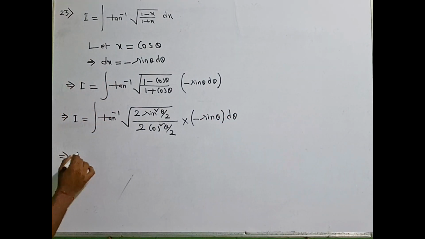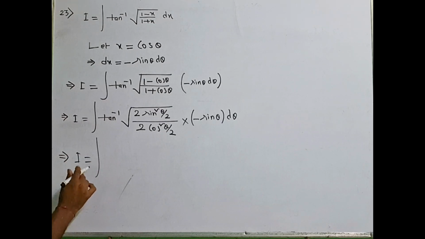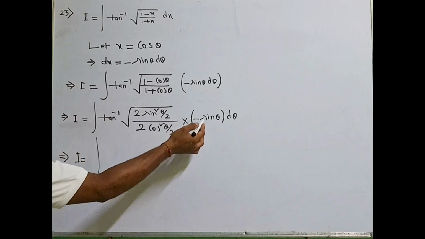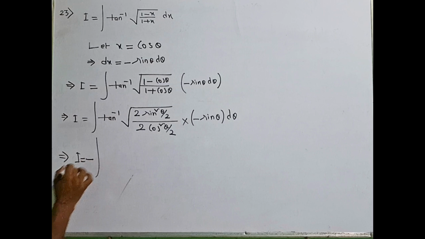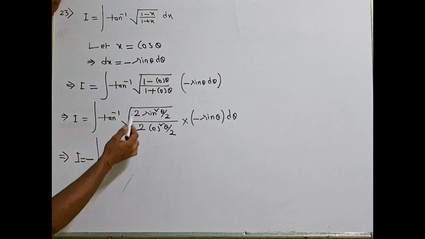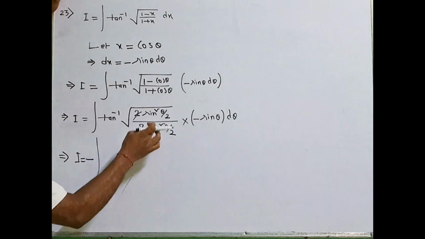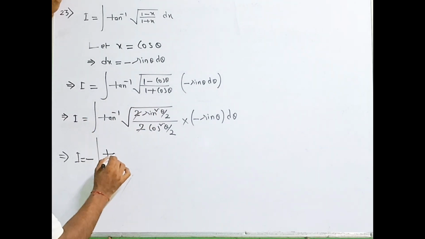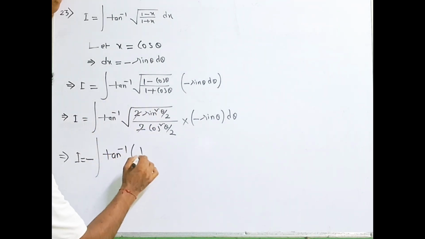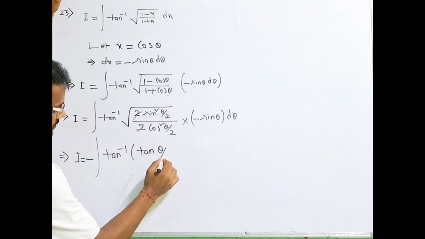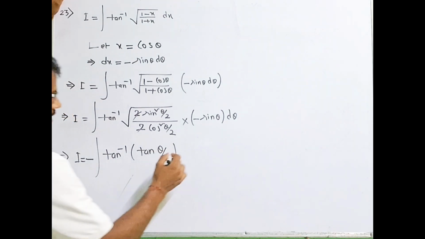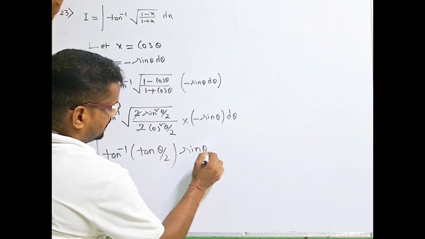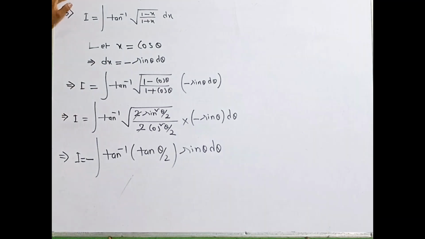Then this implies I equals integration of, let me write this negative sign here. Then 2 cancelled out, sin square by cos square is tan square, the root cancelled out, then only tan inverse tan of theta by 2 you will get, and here what is left? Sin theta d theta.